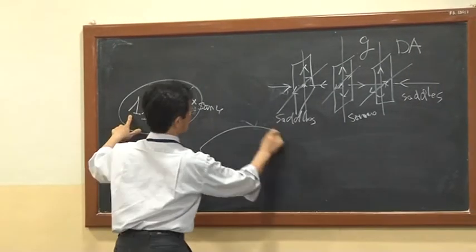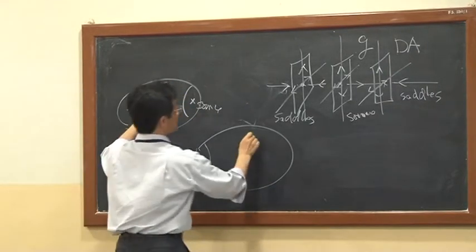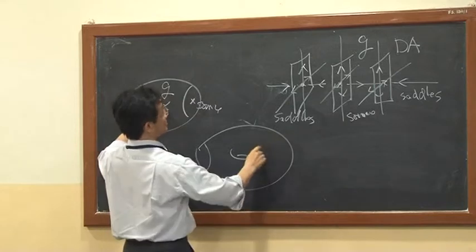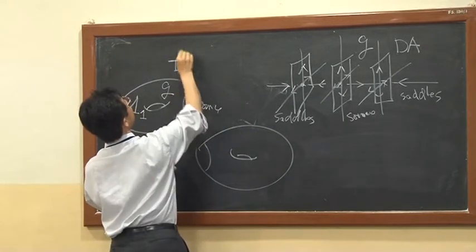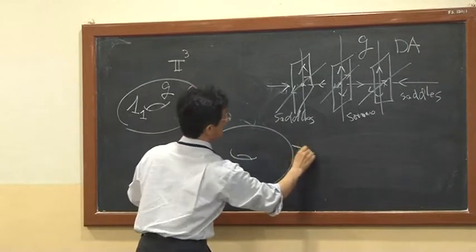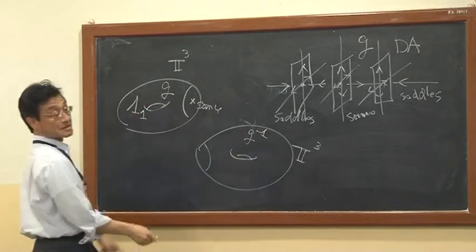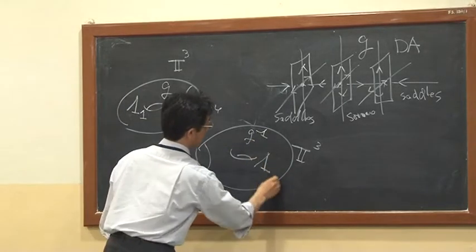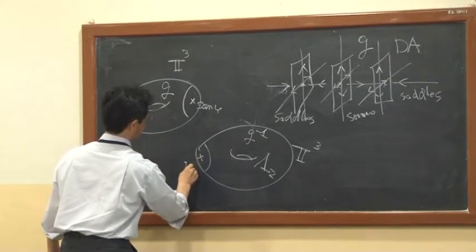And this is G. And on another three-dimensional torus we consider G inverse here. So there exists an ergodic set, and this is a sink.